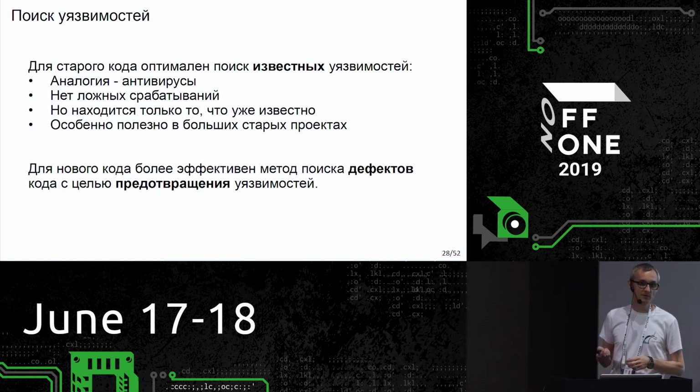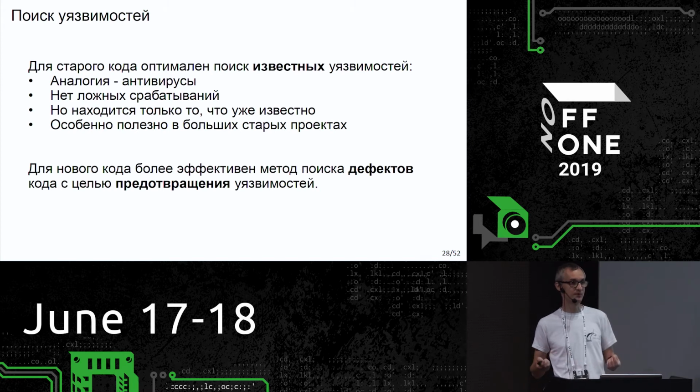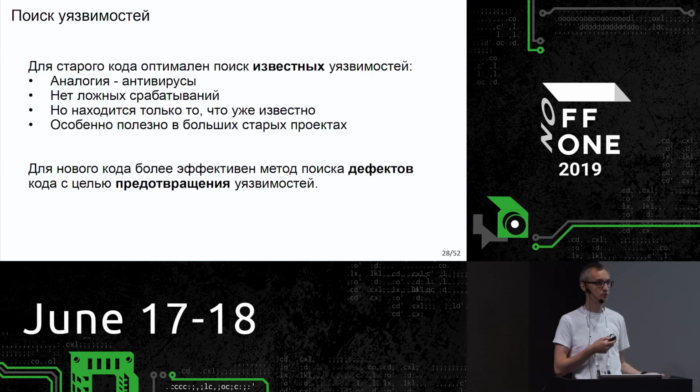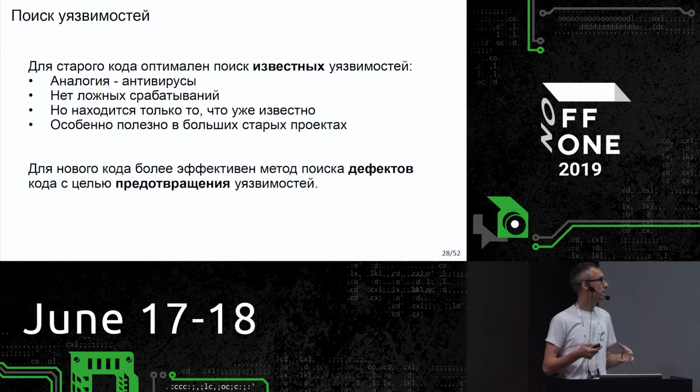So the first thing that comes to mind is new technologies and new language constructs that you cannot find when you're just searching the old code. So the second way, when you analyze the source code, is more favorable, and you try to remove or prevent vulnerabilities during code creation.